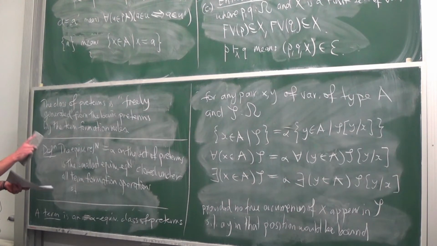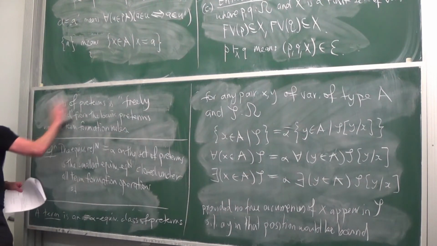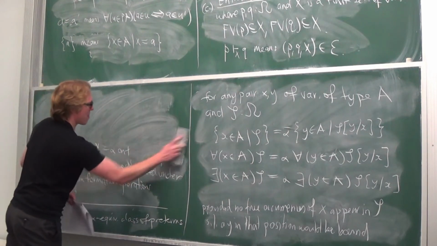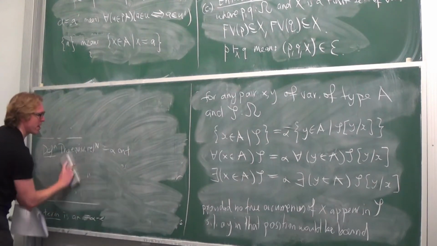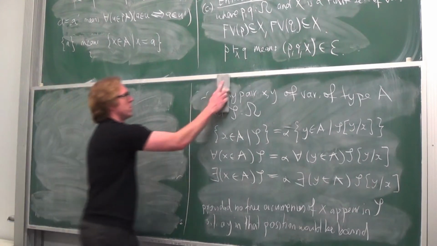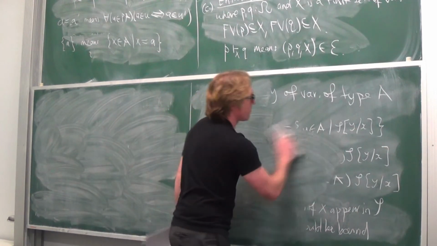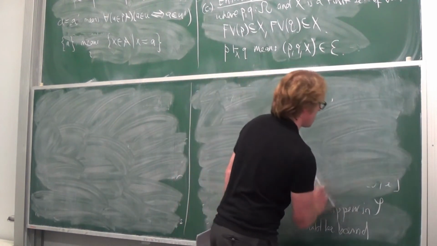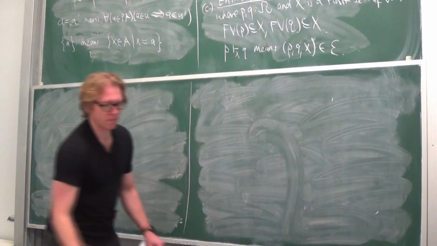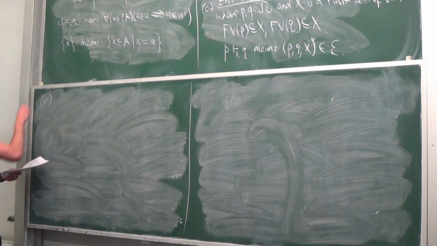So the entailment relation is part of the data, but it's required to satisfy some constraints. Okay, so as I said, there's 3 classes, C1, C2, and C3.